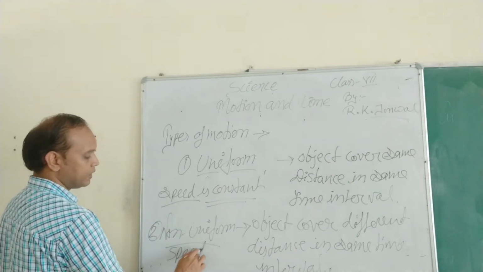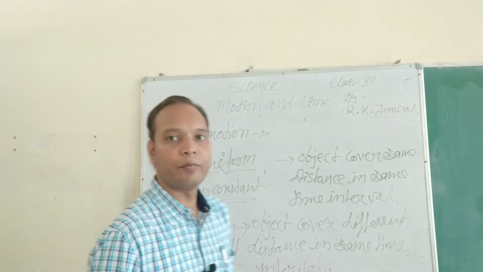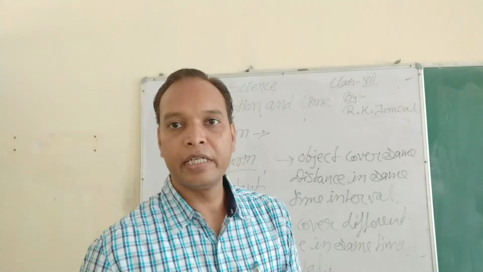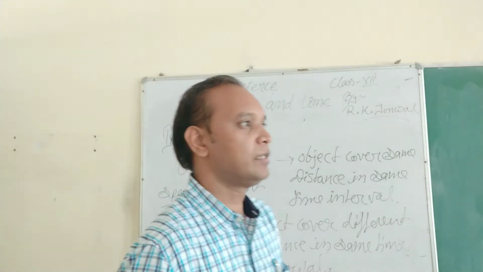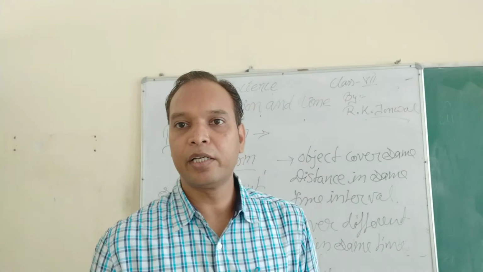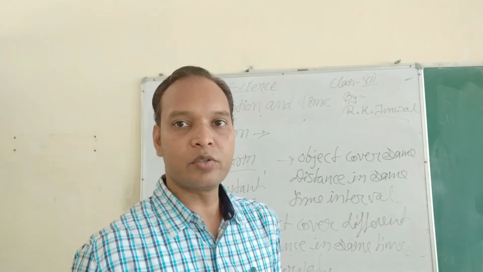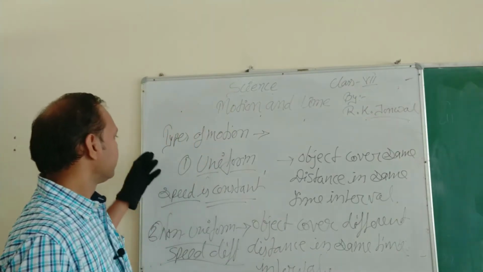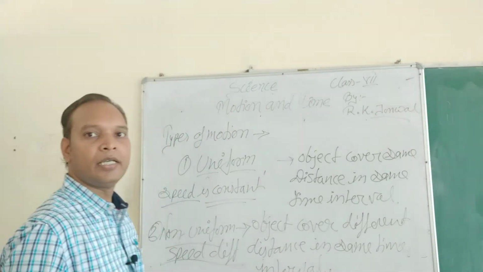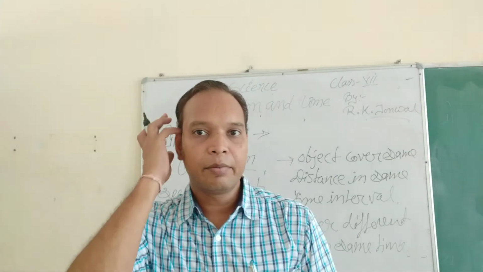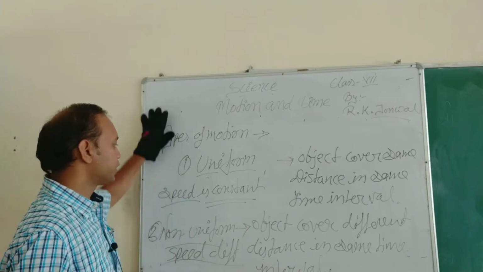There are different speeds. So if any object is moving with non-uniform motion, then the speed of that object in a particular time does not remain the same. Okay, students? So that is the difference between uniform and non-uniform motion. That is also a very important question in examination. So you should learn about these topics, types of motion.